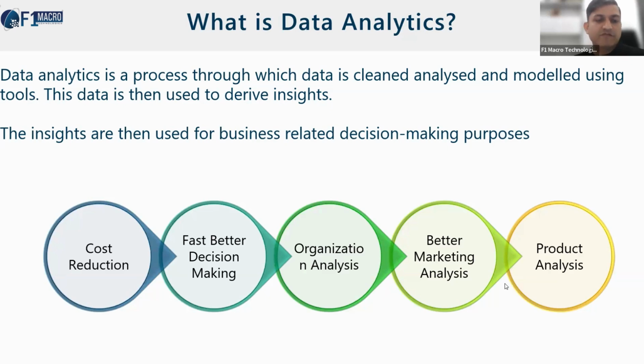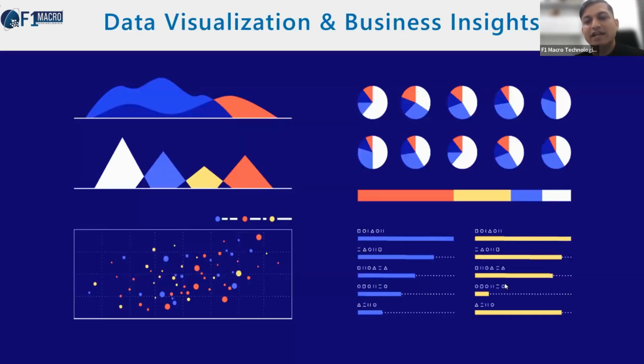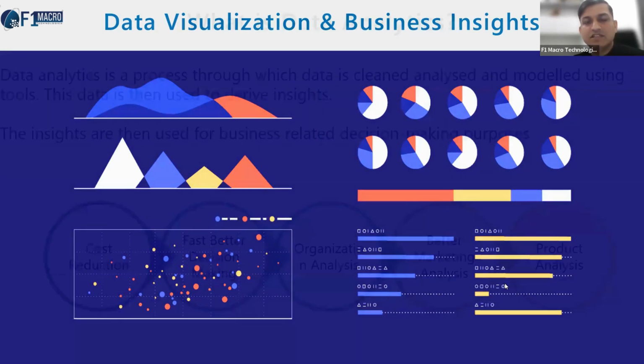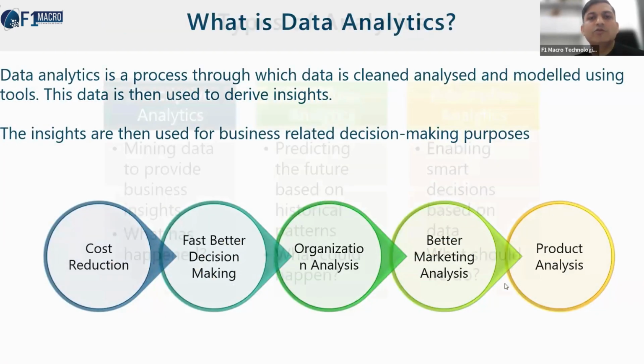If I ask you to tell me the top 5 products we are selling in the market, can we focus on those products, run a campaign or offer discounts? How do we identify those products? Using the data in the warehouse and these visualizations and insights, which will tell me: sir, these are the top 5 products, and this is the month on month growth. Maybe during New Year or some festival, we can offer discounts to boost the sales of that product. This data helps us answer all those questions.